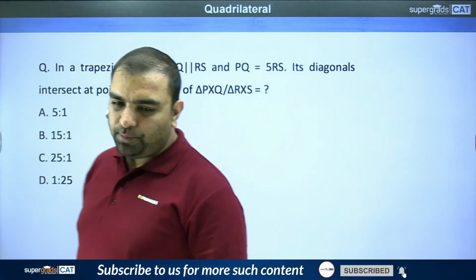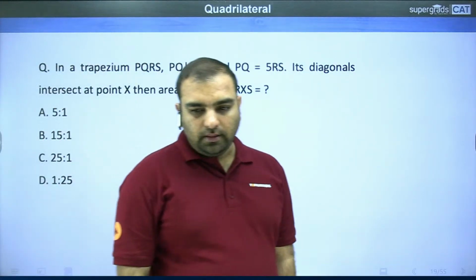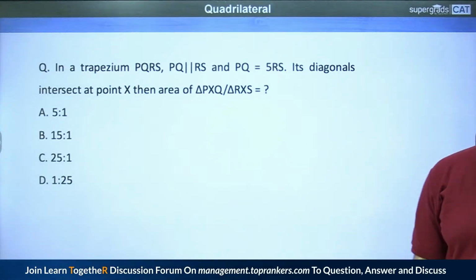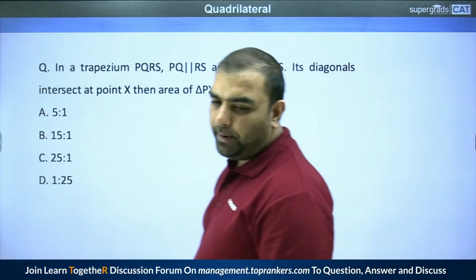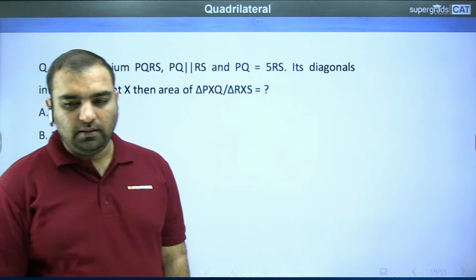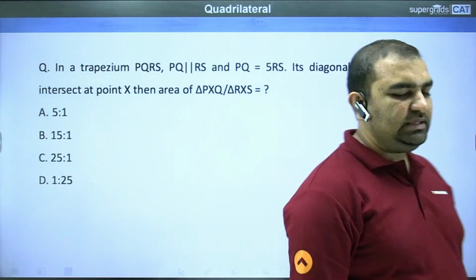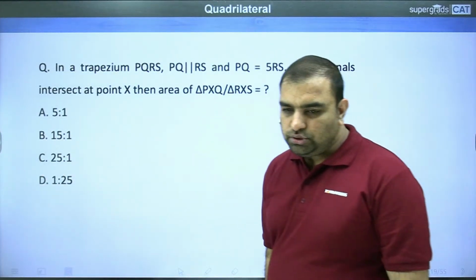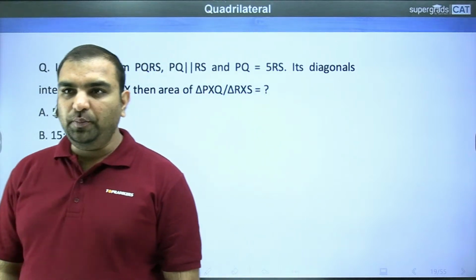Again, a trapezium problem. PQRS is a trapezium. PQ is parallel to RS. The students who have done the triangles, especially similarity of triangles, would be able to answer this.